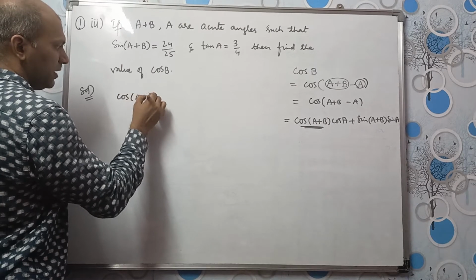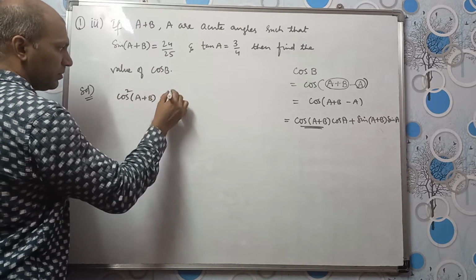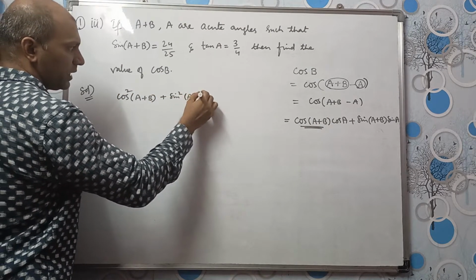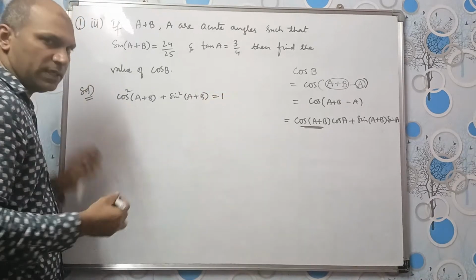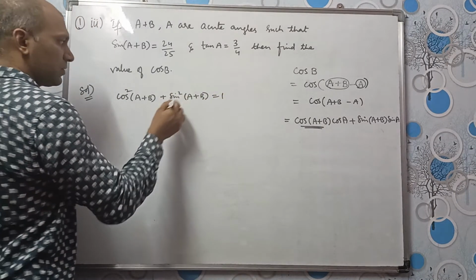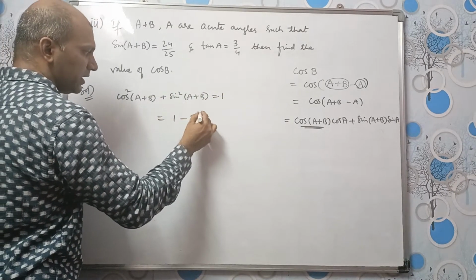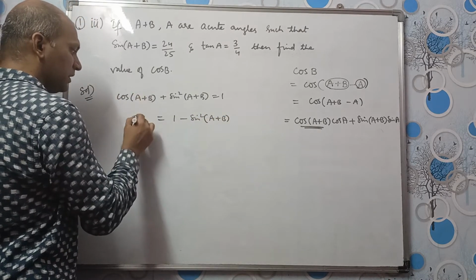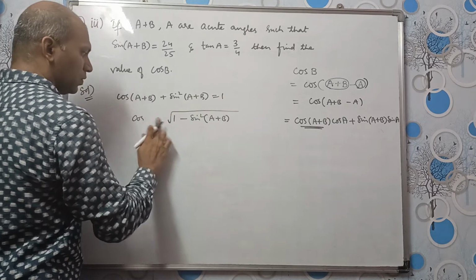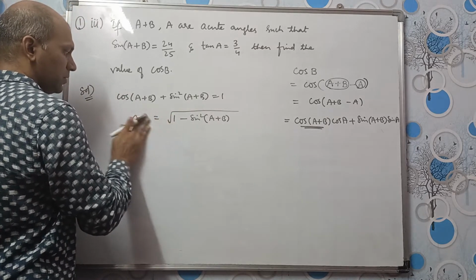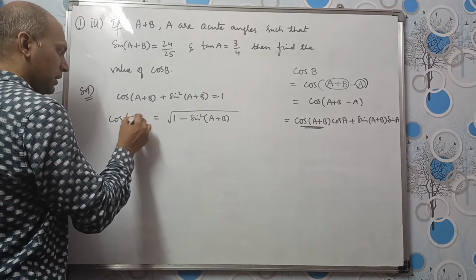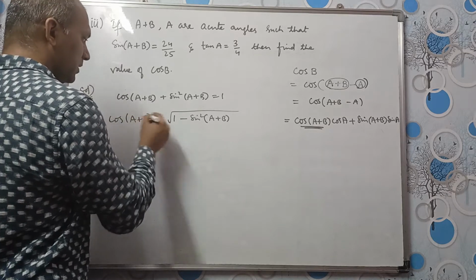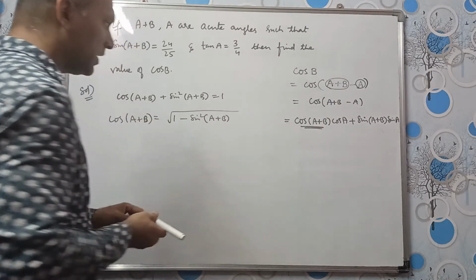See, cos square plus sin square of a plus b will be equal to 1, right? So if you send this sin square on the other side, it will be minus, and this square goes on the other side, becomes root, right? So we have cos a plus b is equal to root of 1 minus sin square a plus b.